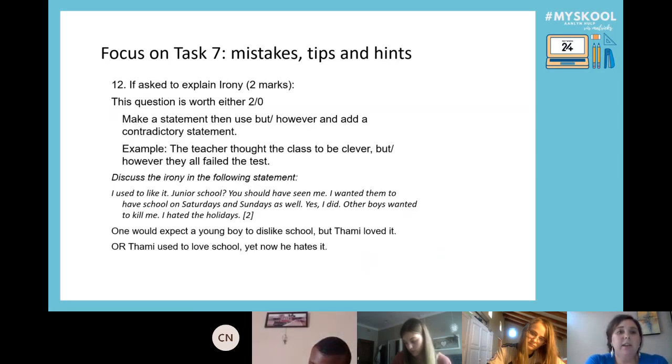Then, mistakes, tips, and hints. If I ask you to explain irony, irony is very important, people, because it's always asked in every single paper, and you either get 2 marks or 0. There's no 1 mark for irony. You must make a statement and then use but or however and add a contradictory statement. For example, I always use the example in my class.